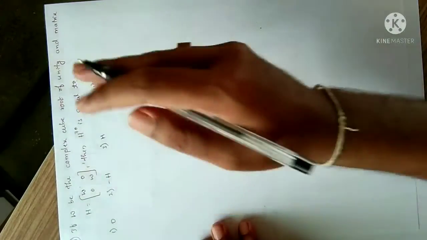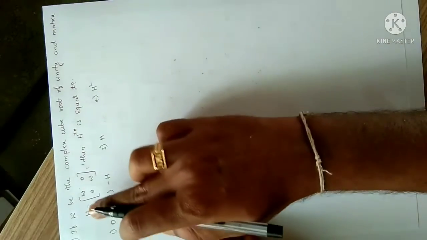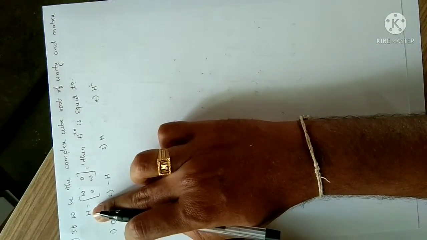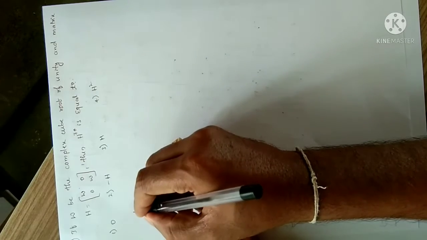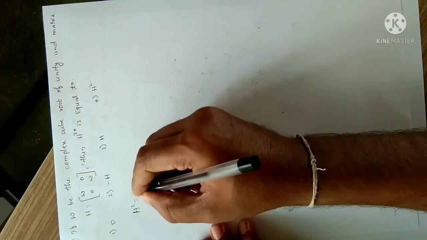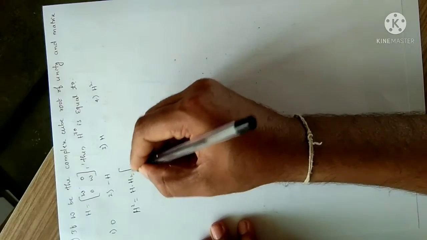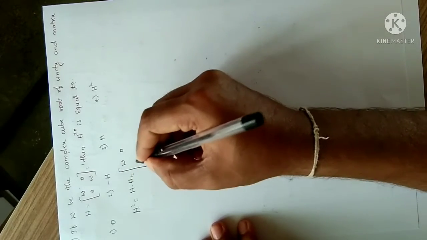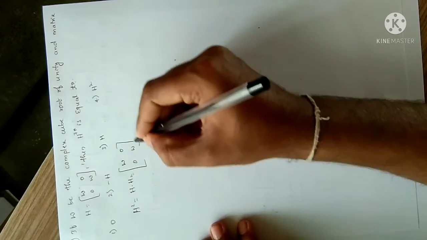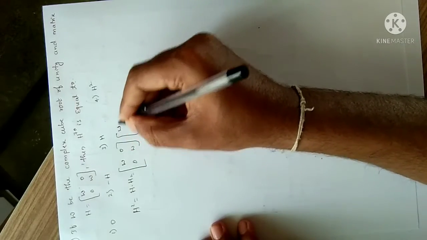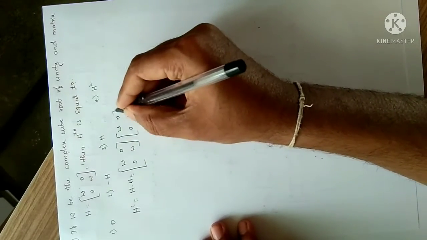Now I will find H to the power of 3. First I will find H square, which is H into H, that is [omega, 0; 0, omega] into [omega, 0; 0, omega].